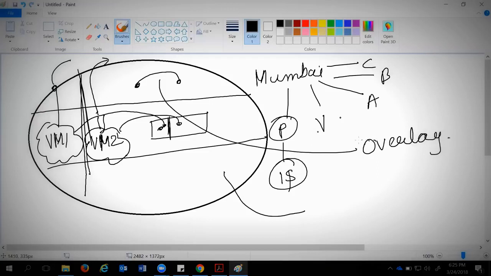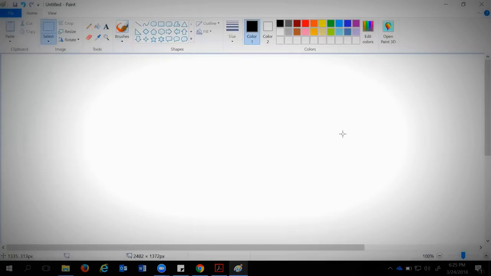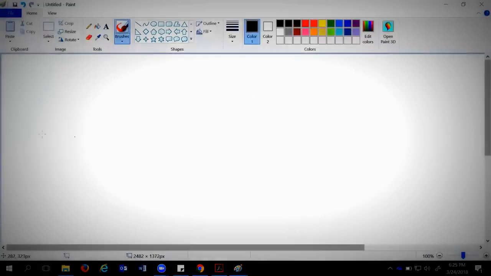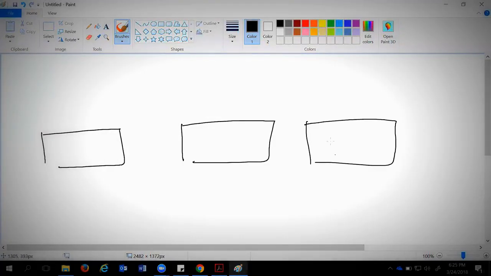Now, why do we call it an overlay? Remember, guys, if a customer is there today, think about this: there are 3 blades. When we have 3 blades, a customer comes up and creates his own VMs. Maybe I'm going to draw the VMs of customer number 1 as red ones. He created the first VM, the second day he created another VM, and the third day he might have created another VM.